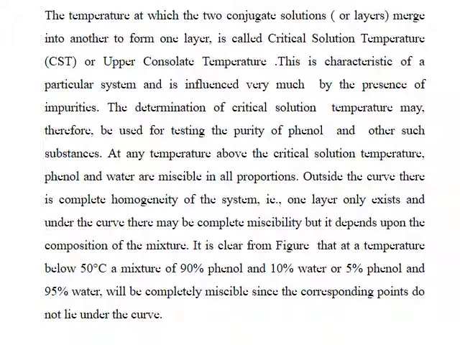Outside the curve, there is complete homogeneity of the system, that is, a single layer alone exists, whereas below the curve there exist two layers. It is clear from the figure that at a temperature below 50 degrees centigrade, a mixture of 90% phenol and 10% water, or 5% phenol and 95% water, will be completely miscible.